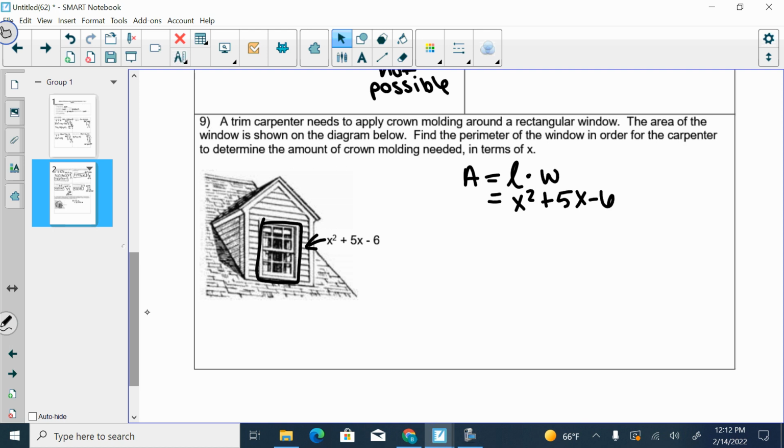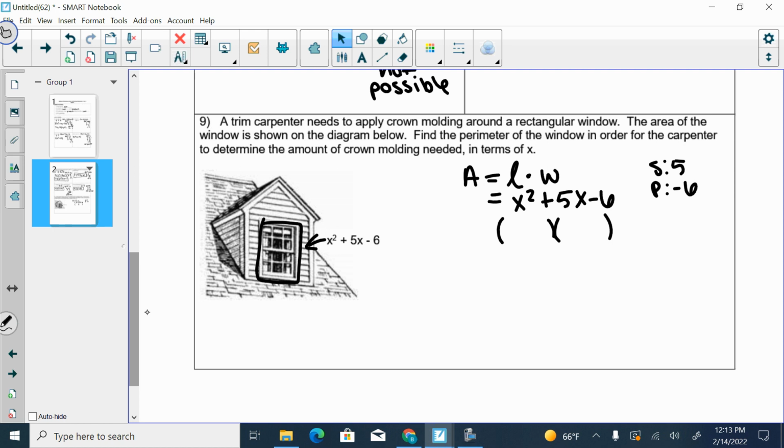Well, if I want it written as a length and a width, I need it written as two separate pieces, right? Which is exactly what we've been doing, right? Factoring into two parentheses. So we would factor this right here. Is there any GCF? Nope. Okay, so here's my sum. Here's my product. What multiplies to give us -6 and adds to give us +5?